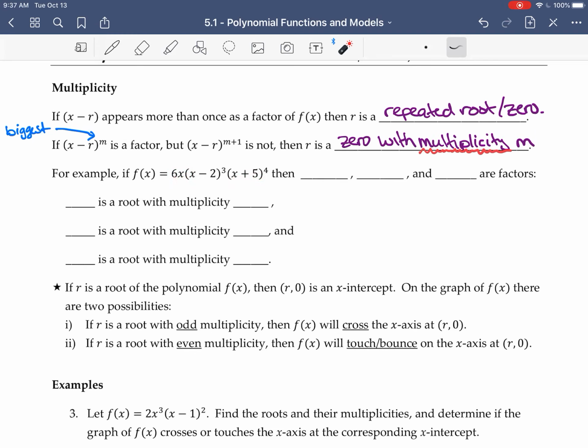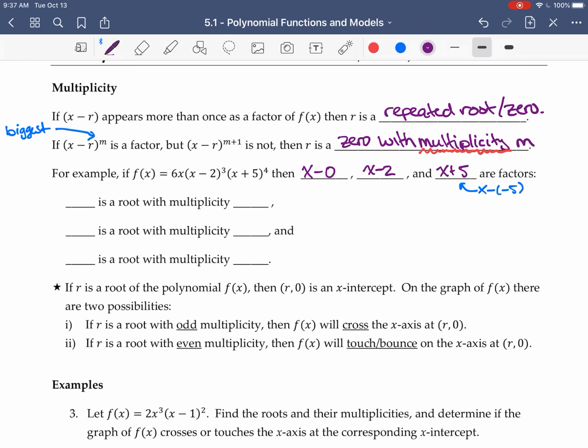Any factors that have x's in them that are multiplied, I could write it as x − 0 if you want. Then x − 2 and x + 5, which is like x − (−5).